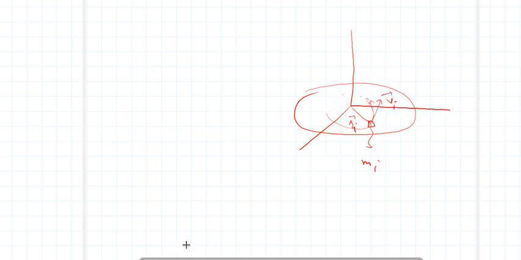Say this is the x-axis, this is the y-axis, and this is the z-axis. So it is rotating about the z-axis.